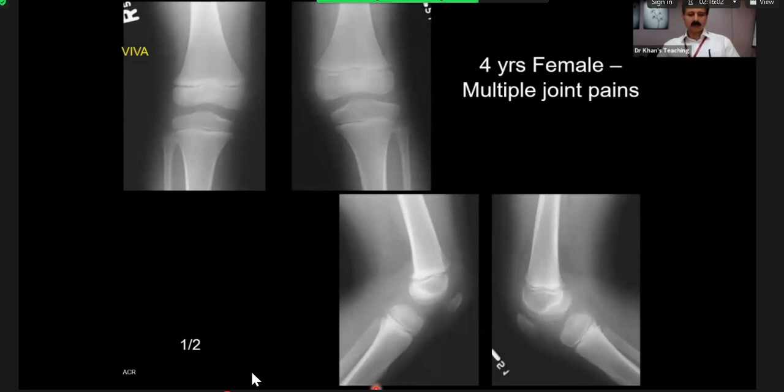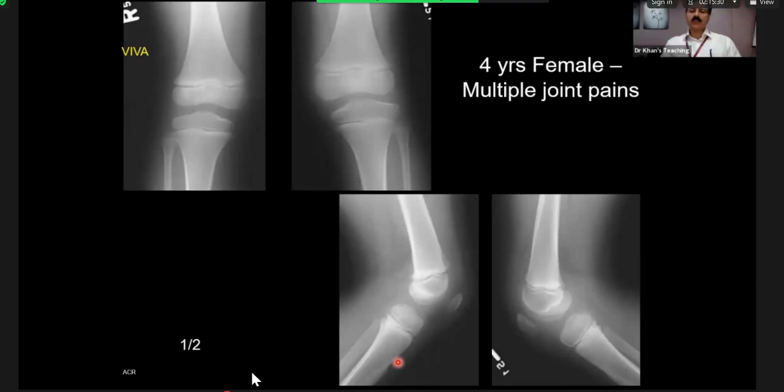Right, a 4-year-old female with multiple joint pains. So these are frontal and lateral plain X-rays of the widening of joint space. Your mic once again, please. Oh, sorry, yes. Better. Okay, I can see some articular irregularities.